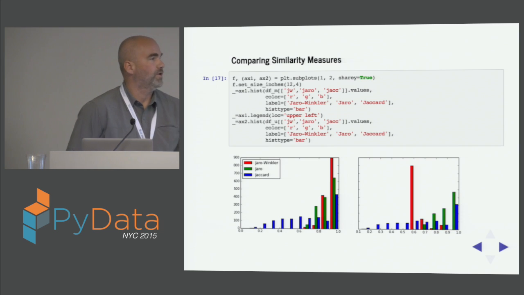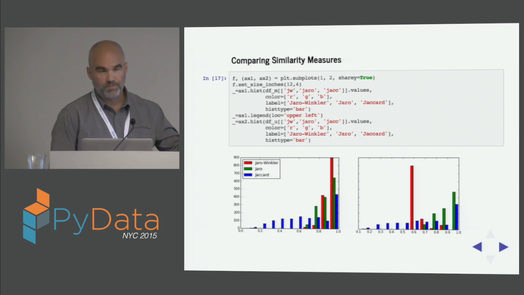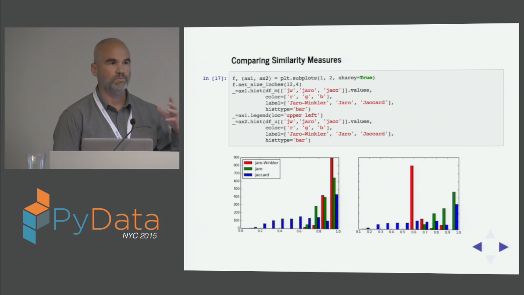So what I'm trying to show here is how effective these things are. This presumes I've already done the matching, and so this is on the data after I've done the matching on the test data. The graph on the left shows the scores for the matches for each metric. And you can see that the Jaro-Winkler one gives you pretty good scores on the matches.